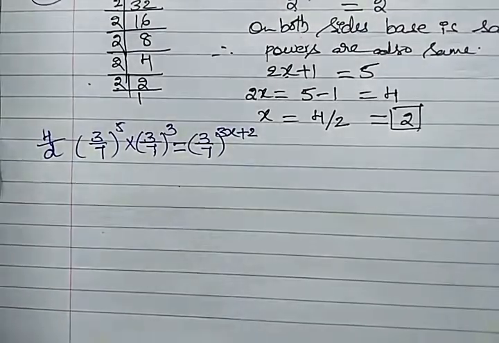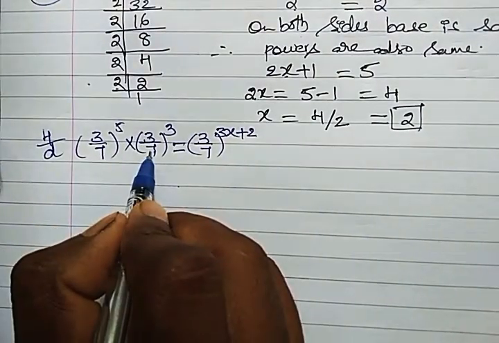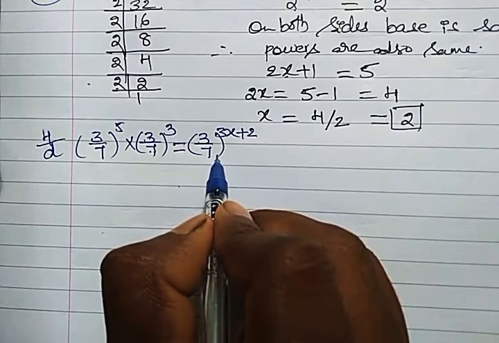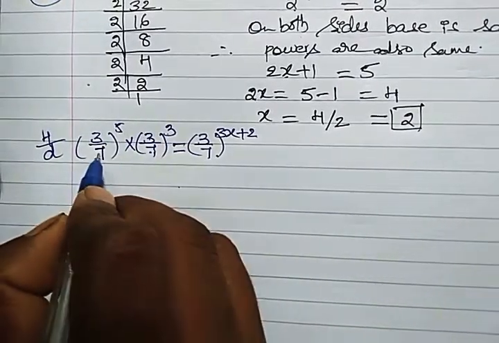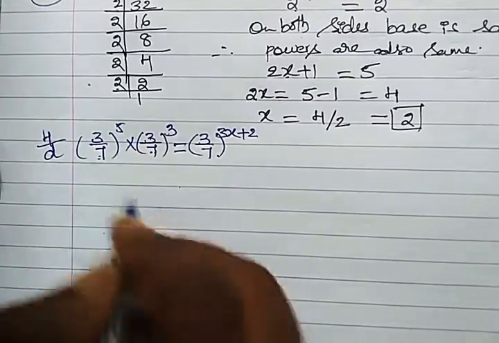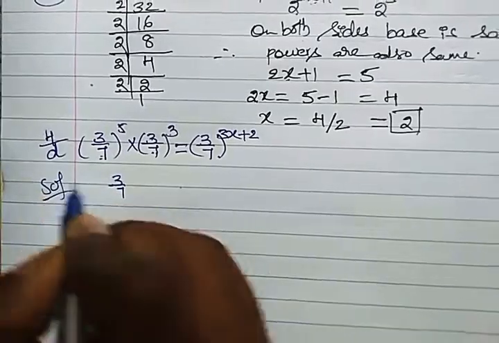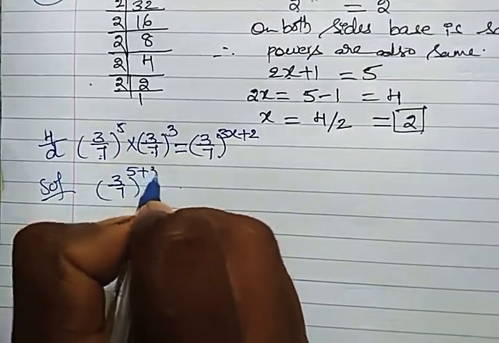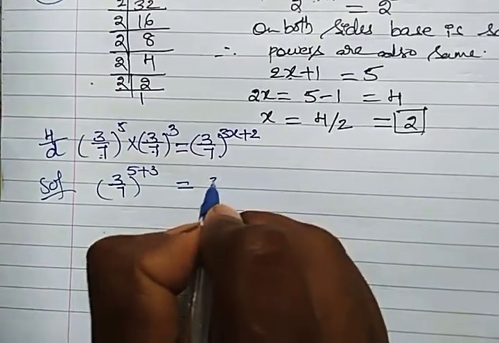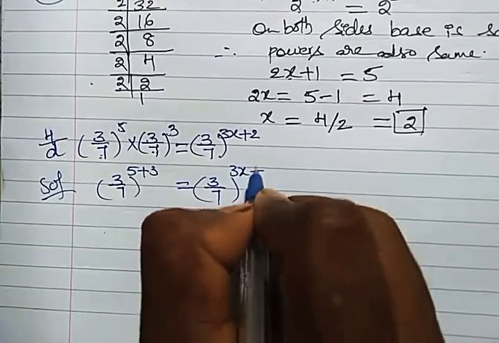Now we can see here 3 by 7, 3 by 7, same base, and on the other side also the base is the same. Same base, different powers. So when bases are the same and they are in product form, we will take a common base and the powers get added. 5 plus 3.